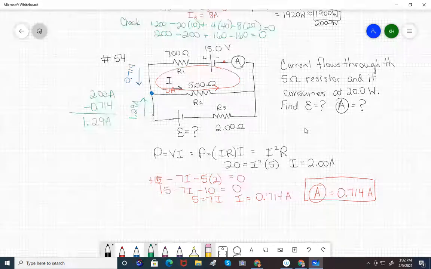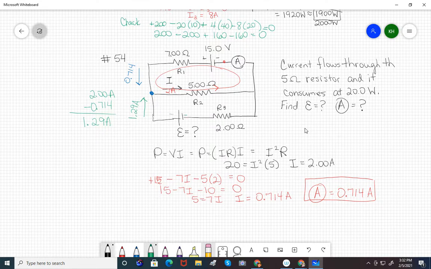All right, let's do this loop. Let's make the assumption that this is negative and this is positive because we know the current's flowing this way. So if we start here, we're going to just kind of go around this loop like this. My equation's going to look like I have E. When I go through this 5 ohm resistor, minus 2 times 5.